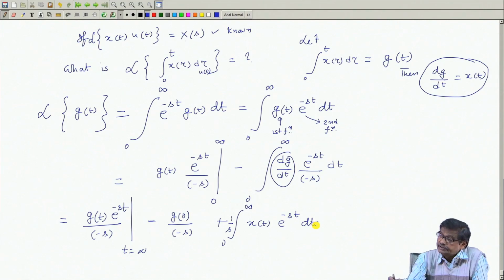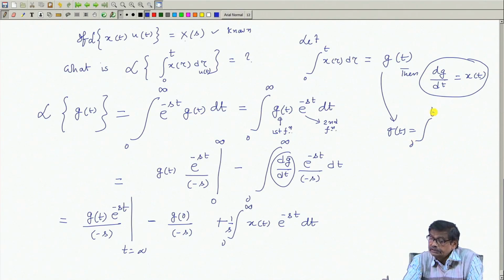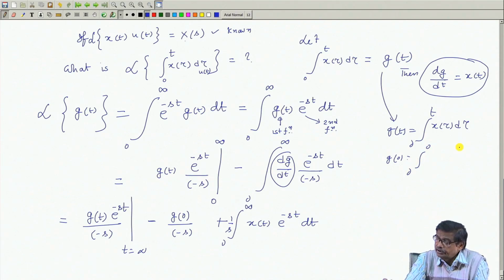Now, the question is, what is the value of g(0)? Since g(t) is the integral from 0 to t of x(tau) d tau, it is the area under the curve, and g(0) is from 0 to 0, so no area is covered.